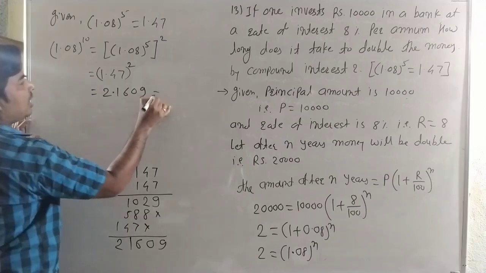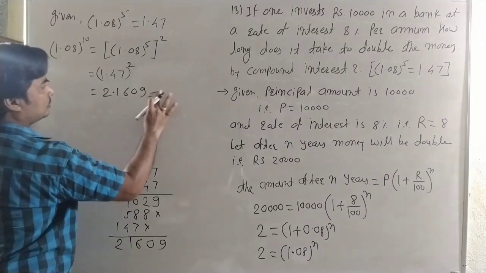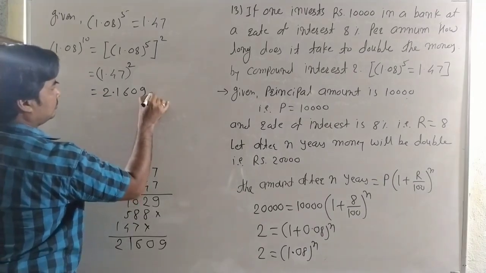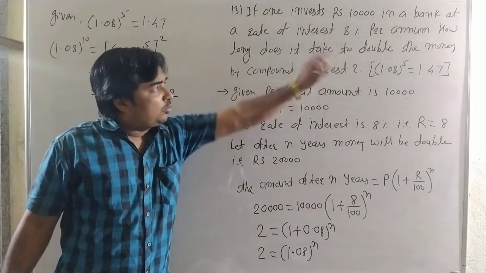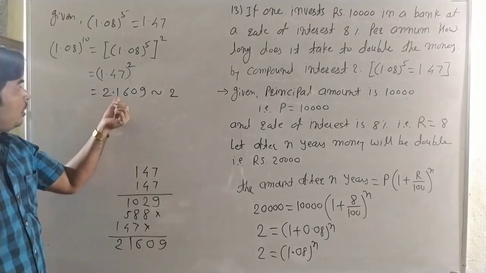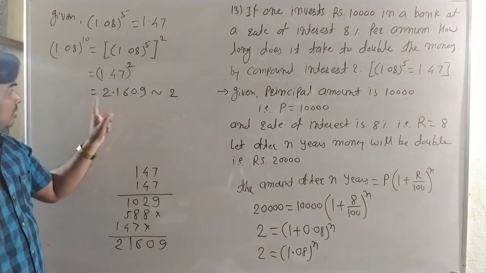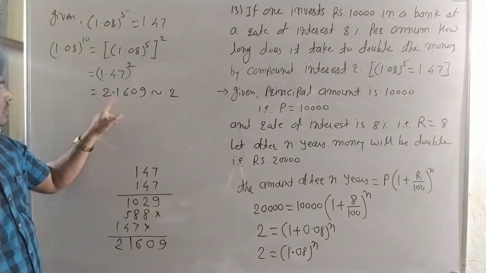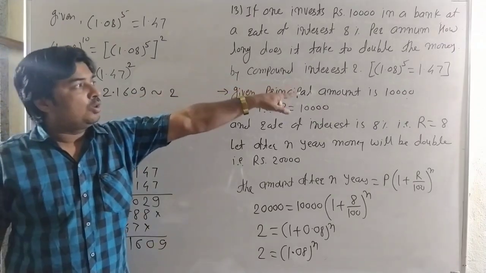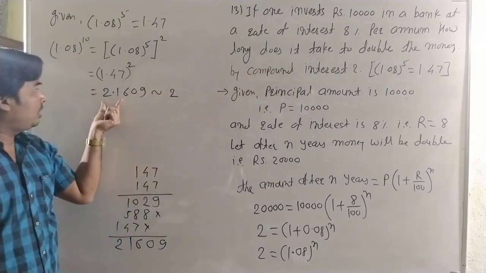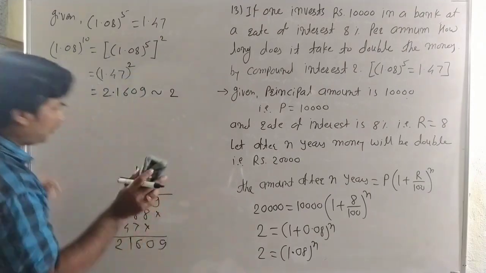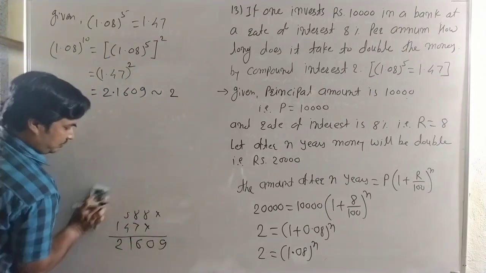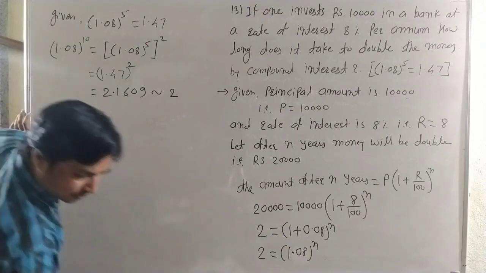Now it is near about 2. Here we have 1.47 and 2.16. 2.16 is near about this 2. So approximately after 10 years, the amount will be double.